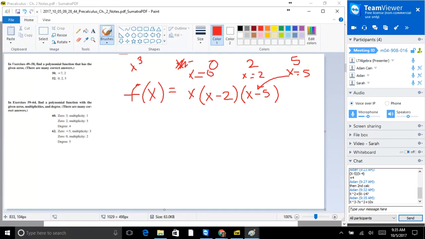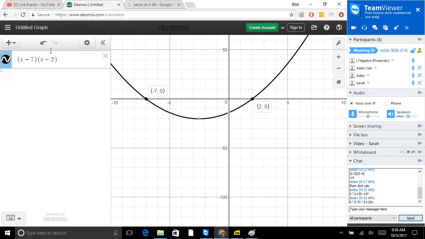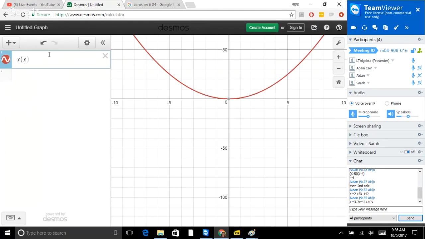Aiden's got it all factored out for us: x cubed minus 7x squared plus 10x. So then if I throw this into Desmos, we've got x times x minus 2 times x minus 5.